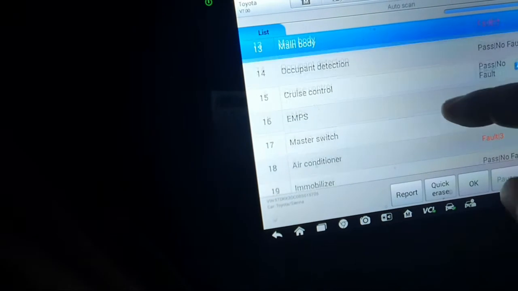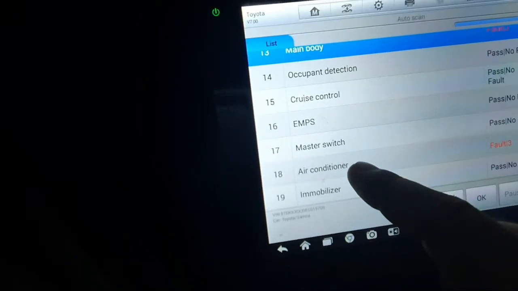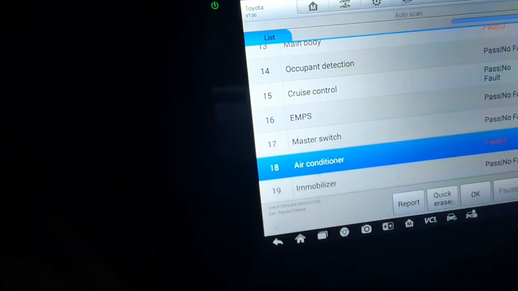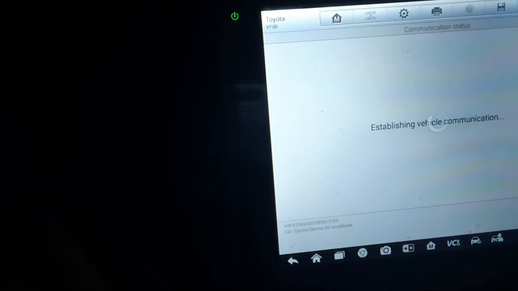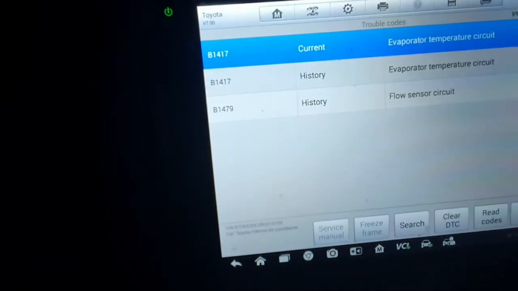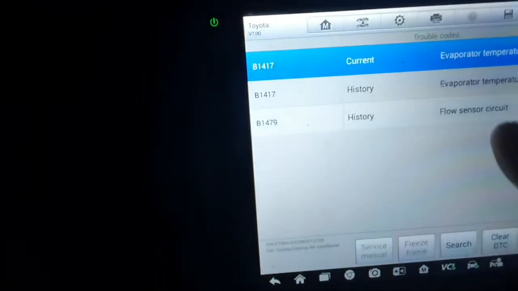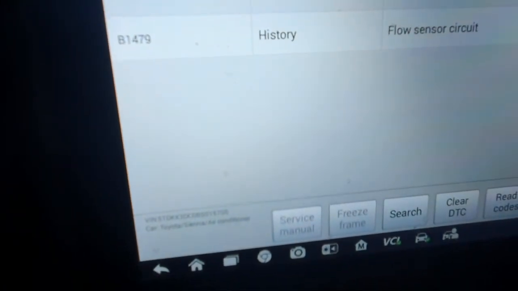I select main body ECU, then select air condition. Trouble code. This is the history code for the flow sensor.